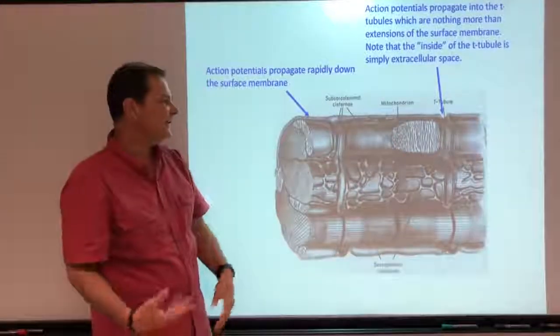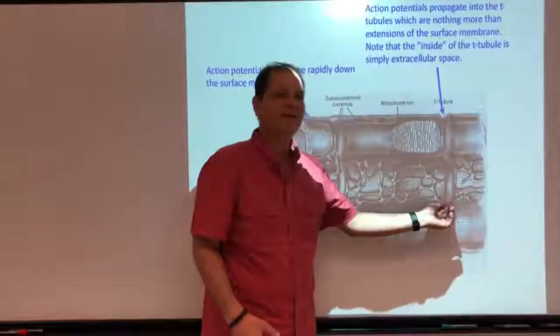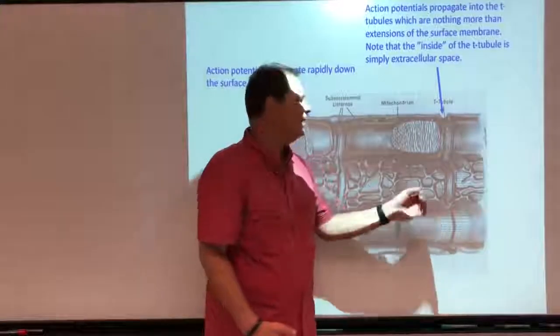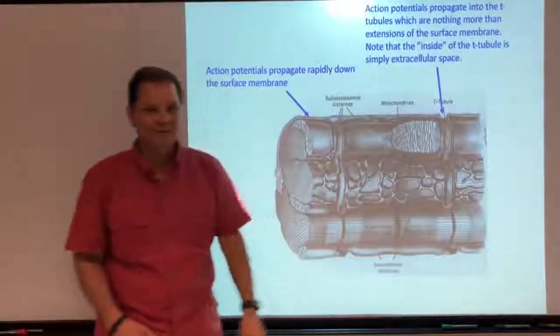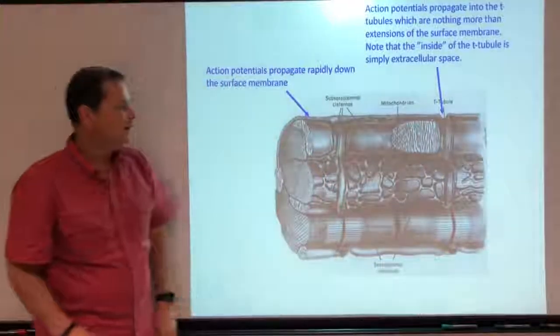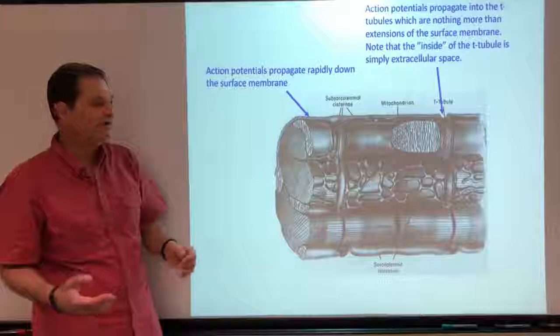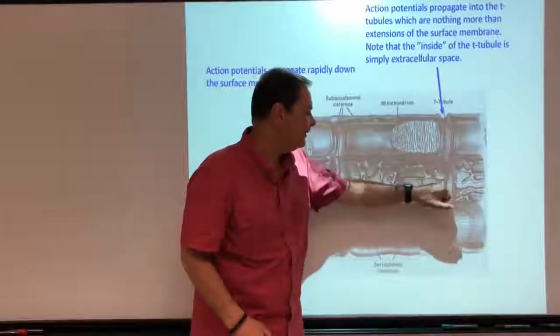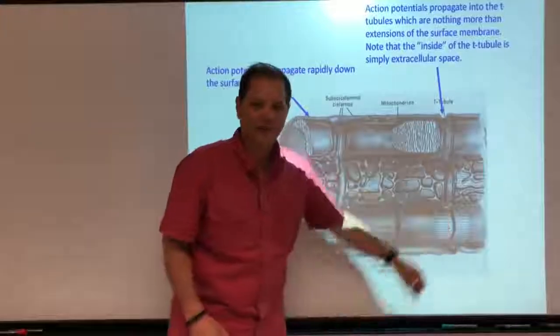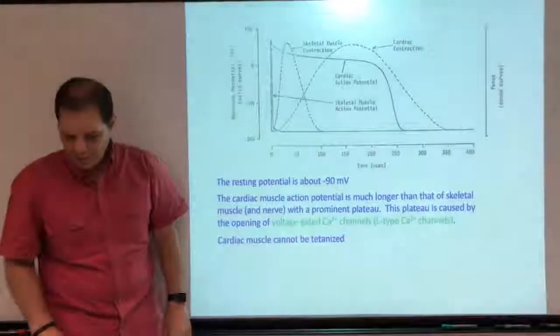So don't think of this as some sort of a compartmentalized organelle. Think of it as just an extension of the cell membrane down into the middle of the cell, containing extracellular space, and as your action potential dips down, all you're really doing is bringing the electrical signal down into the middle of the cell, okay?